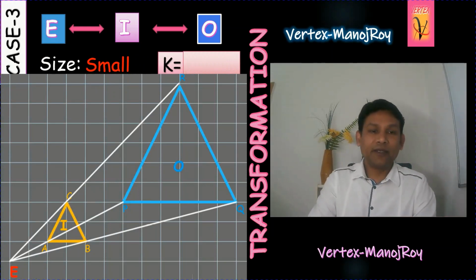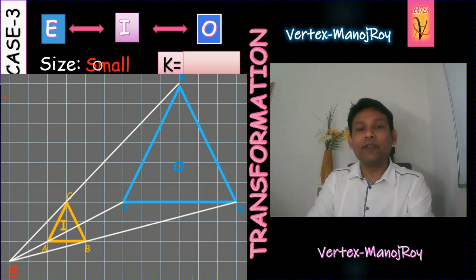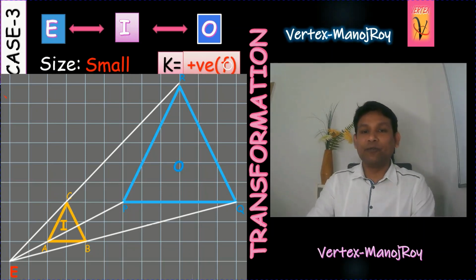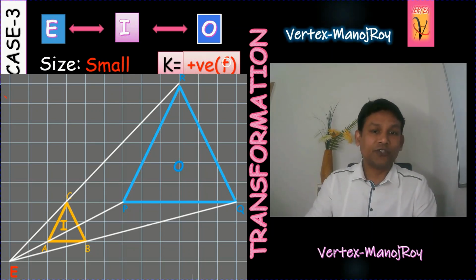Is the center in the middle? No. When the center of enlargement is between object and image, k will be negative. But here k is not negative, k is positive. But small means your answer will be a fraction. Remember, small means you have the answer positive but a fraction.